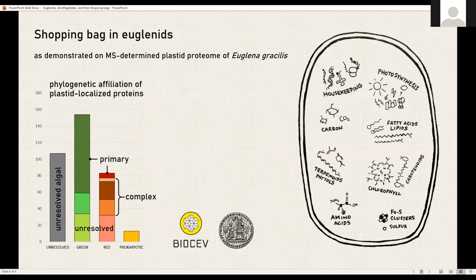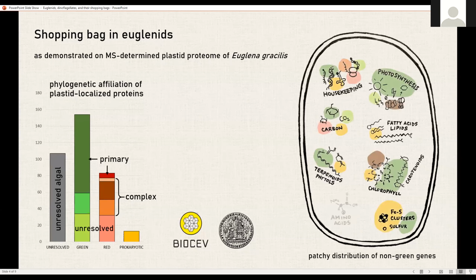So up to 30% were of red origin, but only a tiny proportion of these were from primary red algae, while the ochrophytes and haptophytes, these two colors, are more likely donors of these genes. When we looked at the functions in the plastid, we did not observe any link between origin and function, except for slight enrichment of non-green genes among membrane transporters.